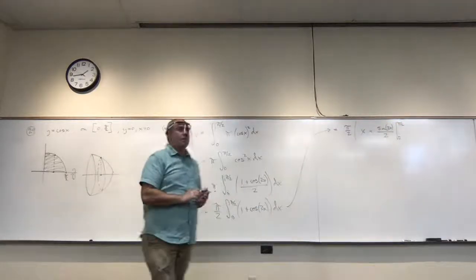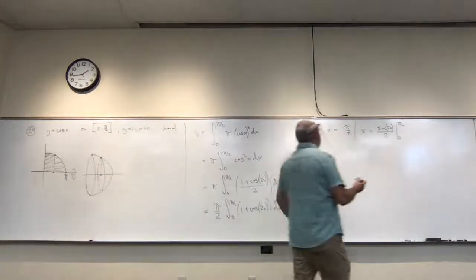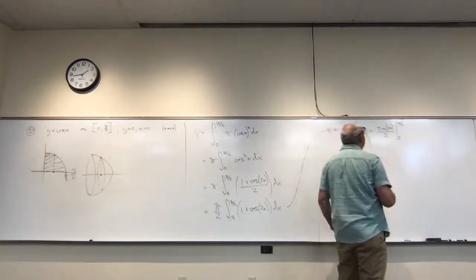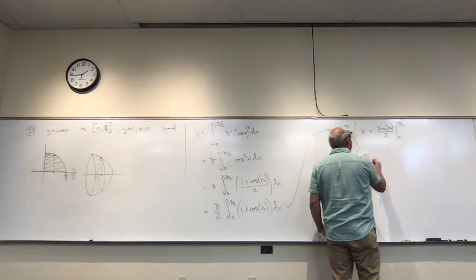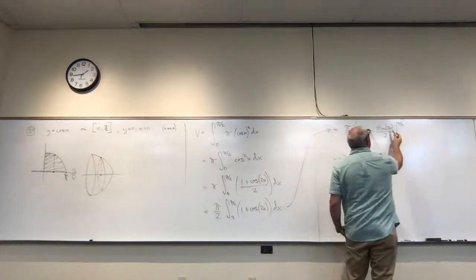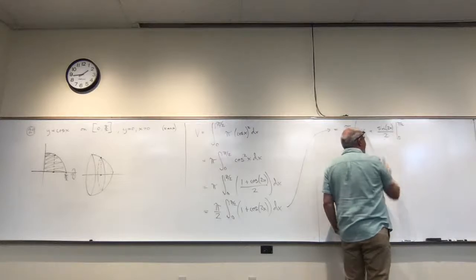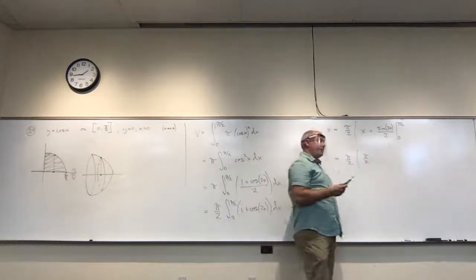All right. Okay. Now we're ready to plug things in. We have pi over 2. Plug in the pi over 2, and I get pi over 2. And then plugging in pi over 2 for x here, I get pi over 2 times 2, which is pi. And then sine of pi is what? 0. Yeah, sine of pi is 0.